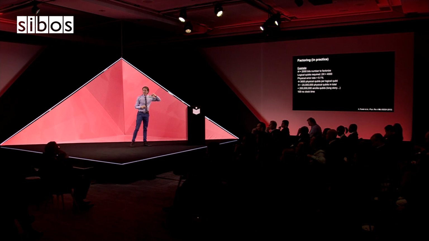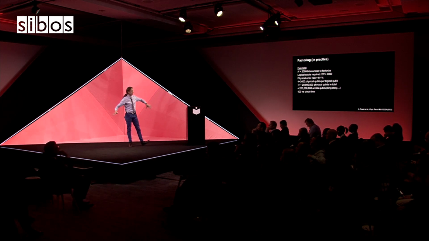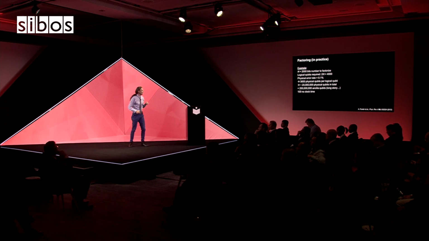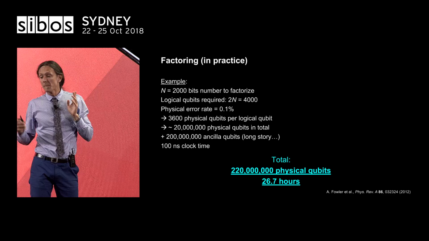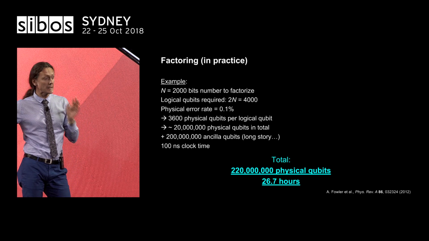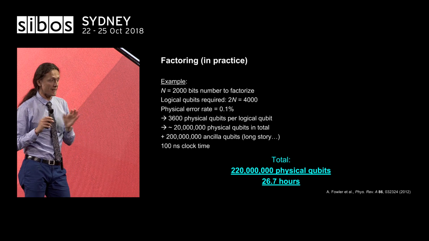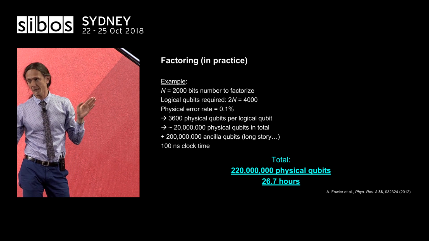You need 3,600 physical qubits per logical qubit, so it's about 20 million physical qubits. And then there's something I won't go into: you need another 200 million qubits for other stuff. Just believe me. Let's say you have a 100 nanosecond clock cycle, which is pretty good and would be state of the art. That means you need 220 million physical qubits, and it will take a day to do this calculation.